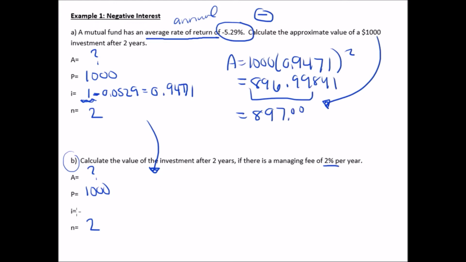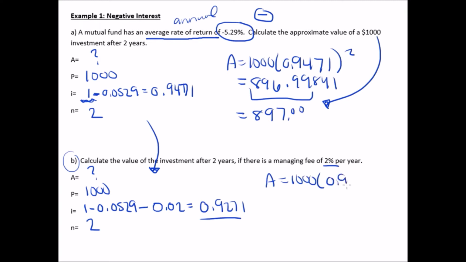This time, we're not only losing 0.0529, we're also losing 2%, so 0.02. So this time it's 0.9271. So this is what we're actually getting in return.